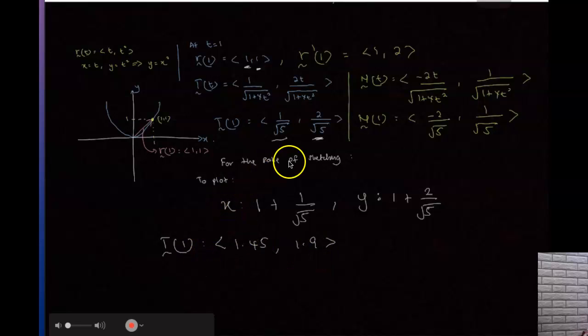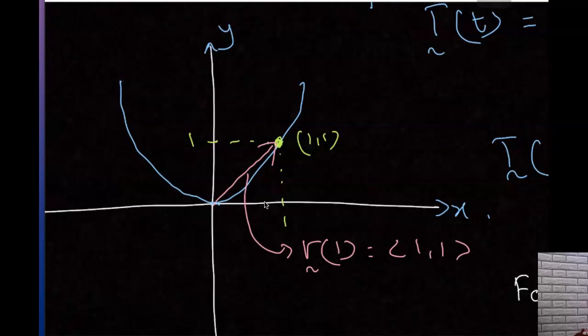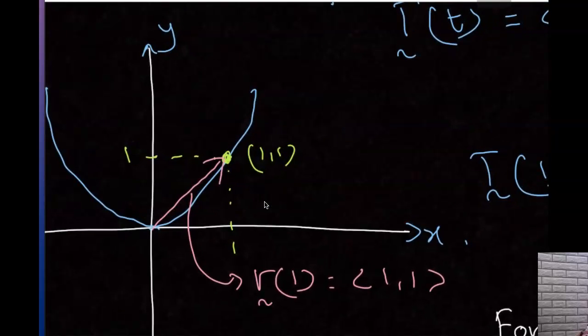So this is for the sake of sketching, to plot. Our position, our unit tangent t, will be at this particular point, just for the sake of plotting. But the real t is actually this one. Okay, so now we find out where is the point 1.45 and 1.9. So let's say this is 2, and this is 2.